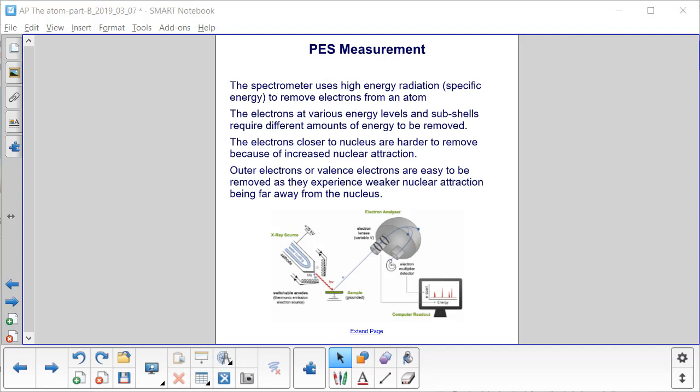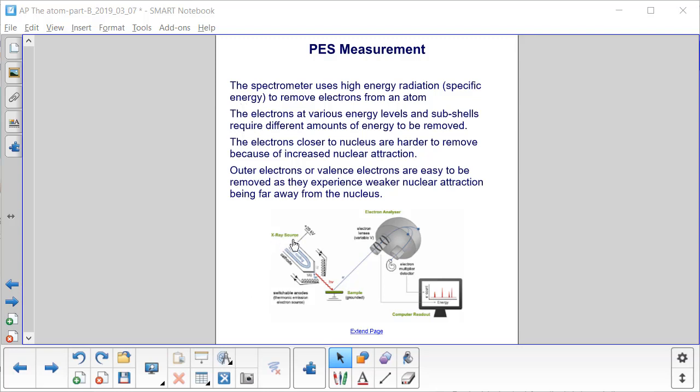All right, so let's talk about how the measurement occurs in photoelectron spectroscopy, PES. PES measurements are done using a spectrometer, and this is like a little inside-of-the-spectrometer picture here. It uses high energy radiation of some specific energy, some given value.